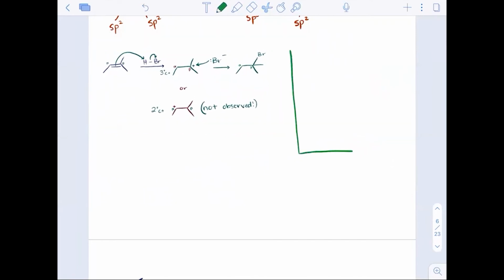2 steps, reaction progress on the bottom. Let's just call this energy on the Y. We'll start with our reactants. Remember at that first step, we are talking about forming a carbocation intermediate. The tertiary carbocation that we formed is the most substituted and the most stable.